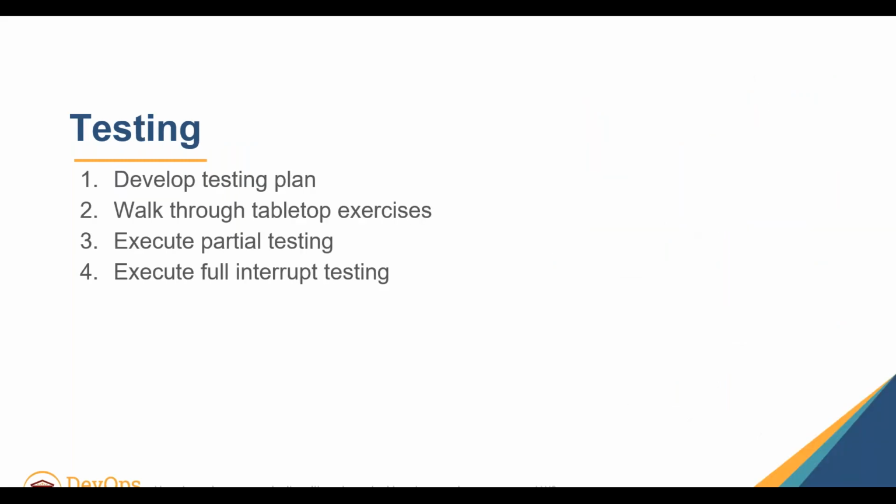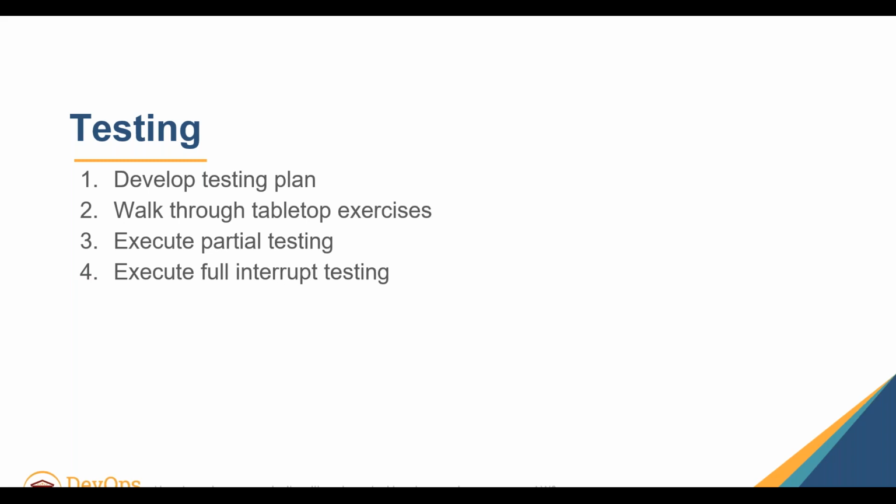Finally, you want to make sure you're testing. When you're doing this the first time through, you're taking a manual approach. You're going to develop your testing plans. Once you've done that, you want to walk through tabletop exercises, ensuring you're involving all stakeholders and everybody who's needed to help execute the plan. Then, if you can, execute partial testing for systems that need it.